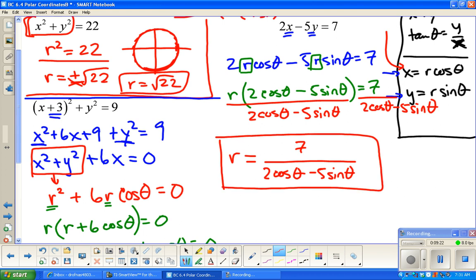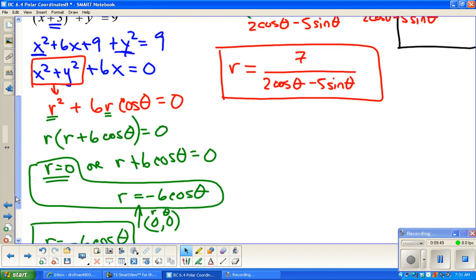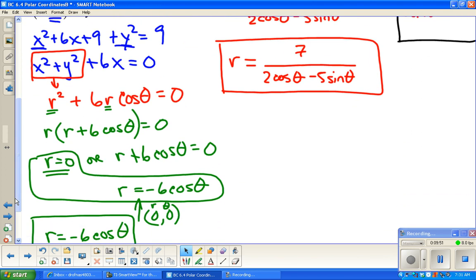One of the reasons that polar exists is because some things have really elegant, simple looking equations, even though we think of them as kind of ugly shapes. We can do that for some things, but rectangular is really set up for things like lines that are not going through the origin. So this is one of those situations where polar is not very nice, and that's okay. That's just part of the joys of going back and forth.